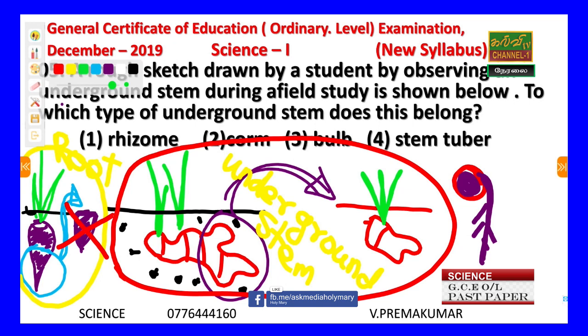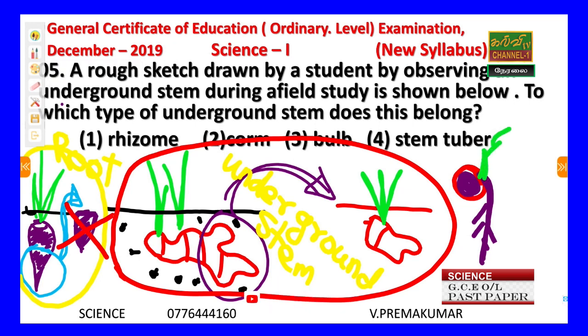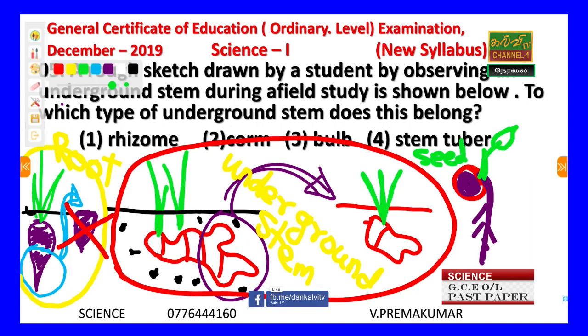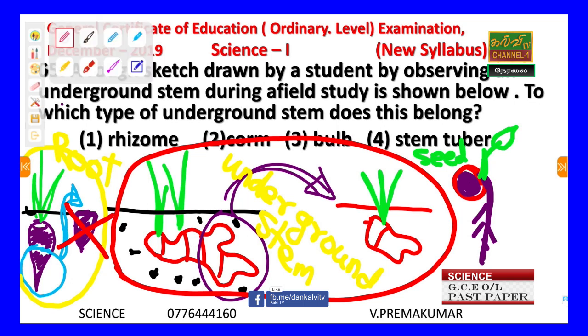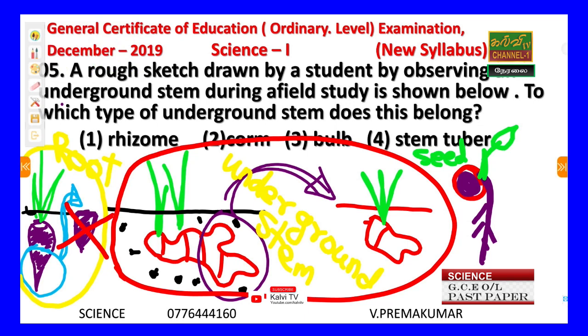After that it can be used to produce buds, then it will develop leaves and everything. Seeds contain food.